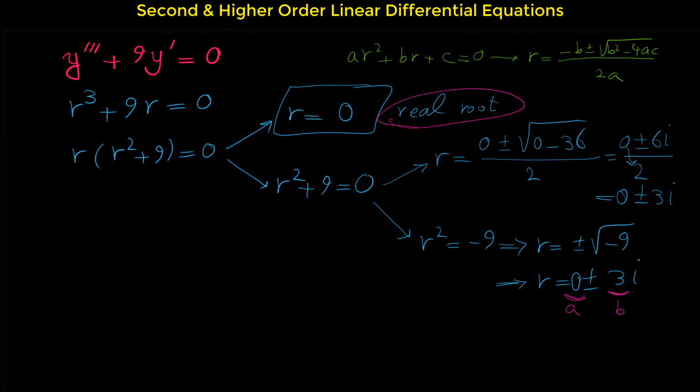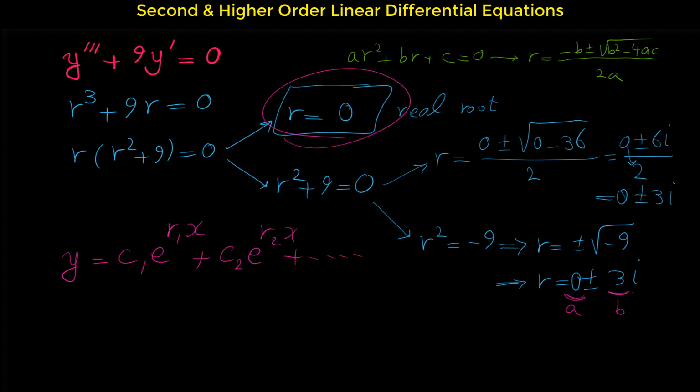So we have to combine the two methods that we have learned for solving second order differential equations. When we have real roots, we use the real root formula. If you remember, when we have real roots, we use this formula, c sub 1 e to the first root, r sub 1 x. If we have another real root, we continue like this. But we have only one real root, so we don't need any more term here.